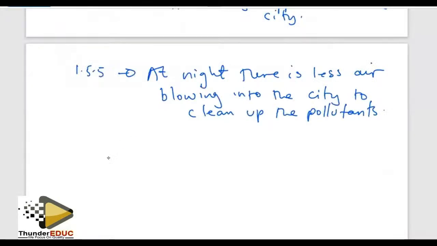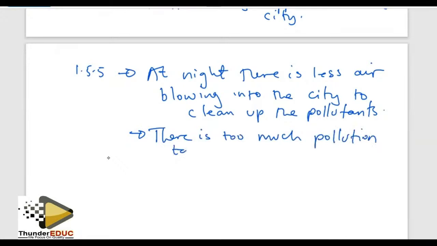So we would as well say that at night there is too much pollution taking place.